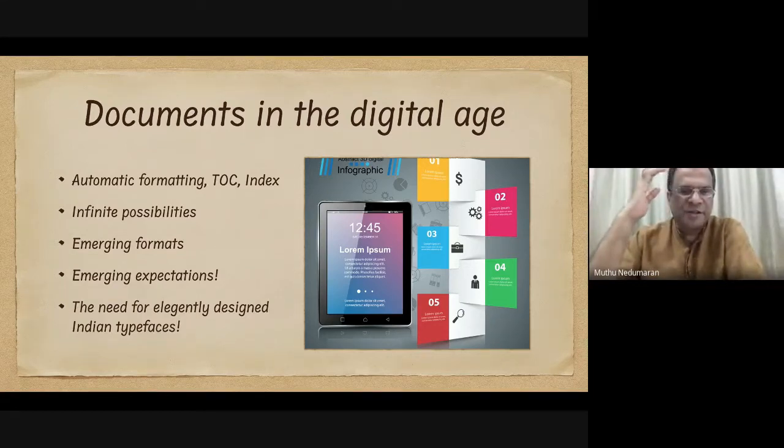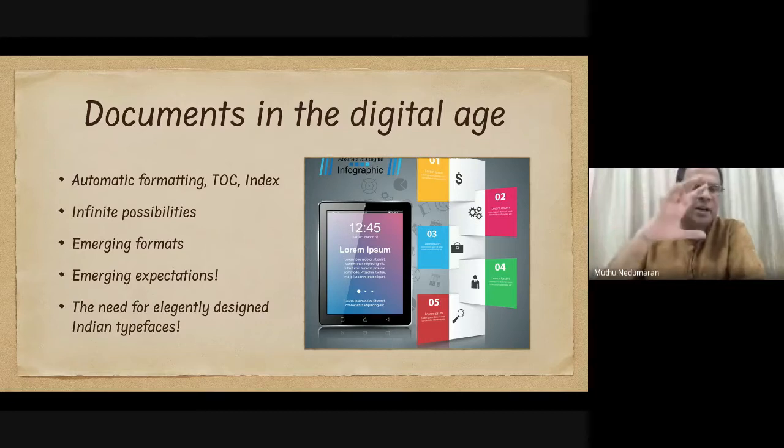If you have finished a novel or an article or a book or a thesis or an essay in a Word document, Word automatically organizes the section headings for you. In some cases, it even puts up the table of contents for you. And if you need, the index can also be automatically created for you.